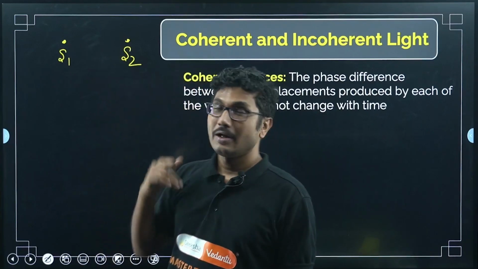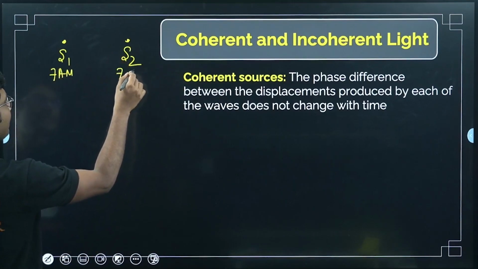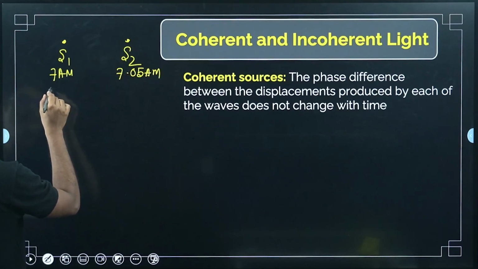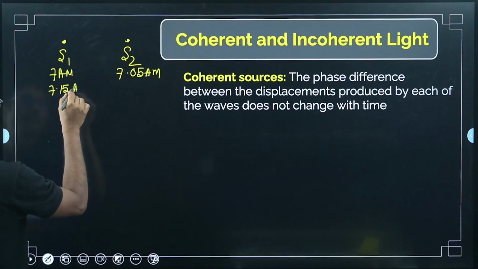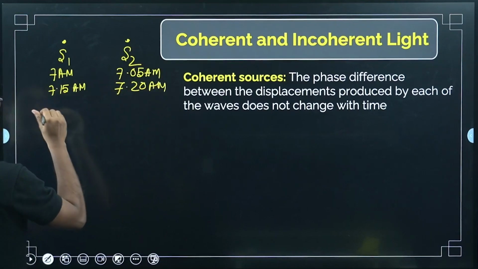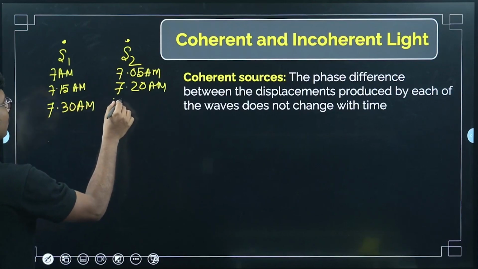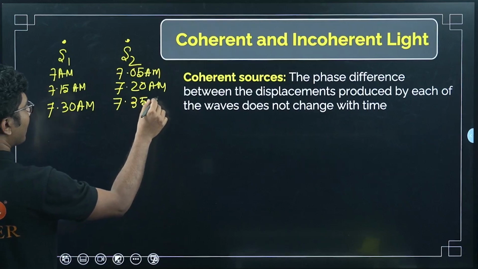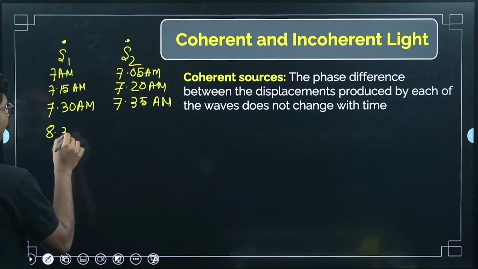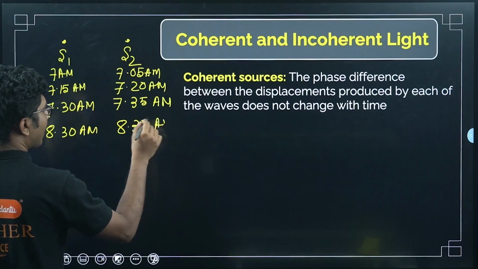For example, if S1 wakes up at 7 a.m., S2 wakes up at 7:05 a.m. S1 brushes his teeth at 7:15 a.m., S2 does that at 7:20 a.m. S1 goes to study at 7:30 a.m., S2 goes to study at 7:35 a.m. S1 then has breakfast at 8:30 a.m., S2 also has breakfast at 8:35 a.m., sorry.